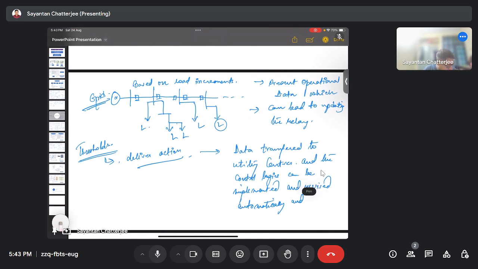and the relay can send trip command accordingly to situation.